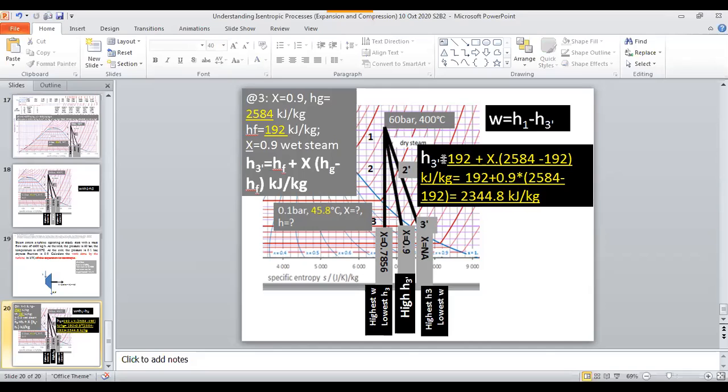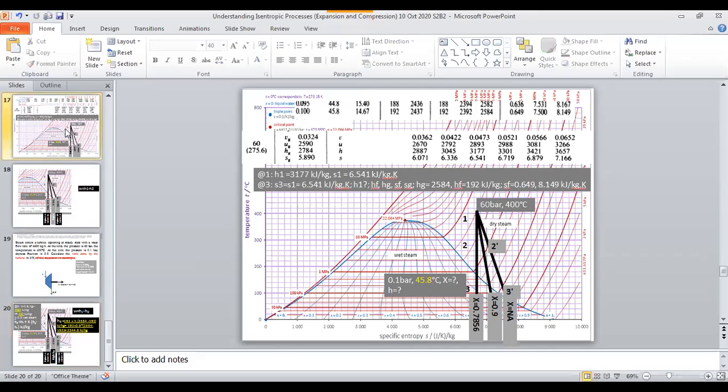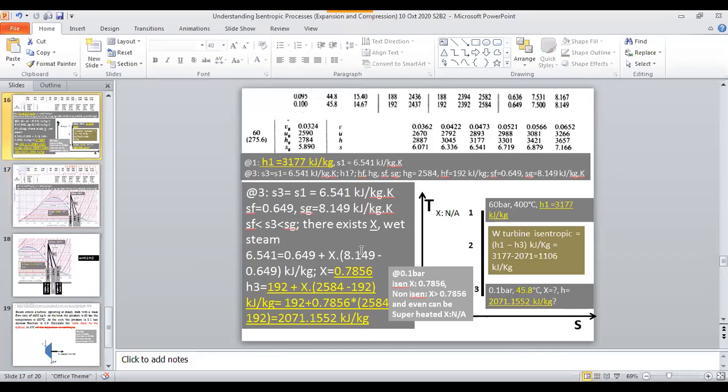Yes, you can see. But in the previous case, what is the H3 value? 2071 is the H3 for the previous case.